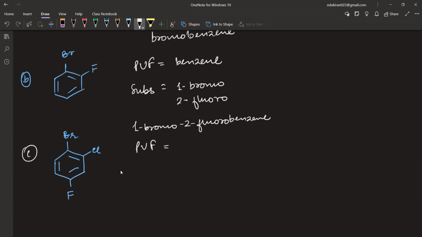What will be the parent? Benzene. Very good. What are the substituents here? Bromo, chloro, and fluoro. Now let us think about numbering this. One thing is for sure: we should start with either Br or Cl because these two are near each other, right?